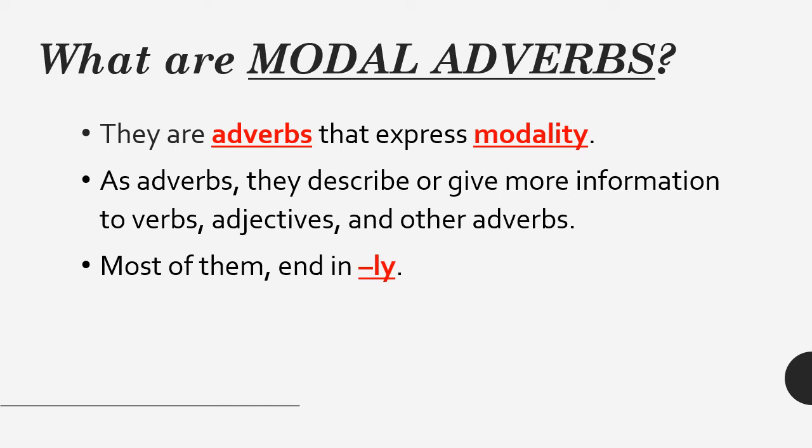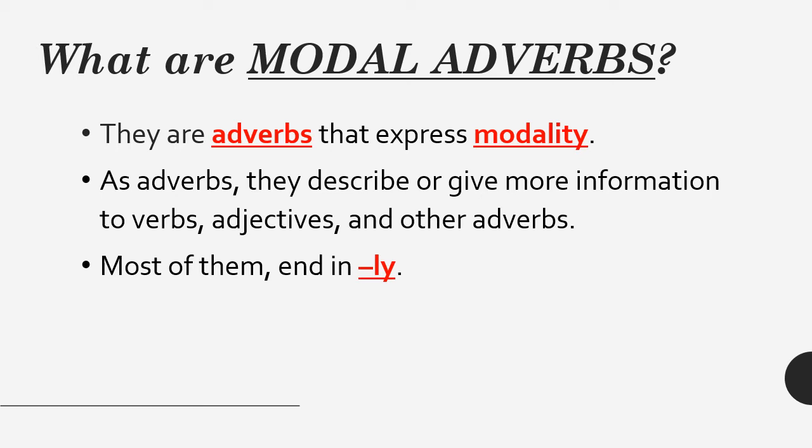So second bullet, as adverbs, they describe or give more information to verbs, adjectives, and other adverbs. Okay? So since they are modal adverbs, technically their function in the sentence is definitely as adverbs. The function of adverbs is that they modify certain words, and what are these words?